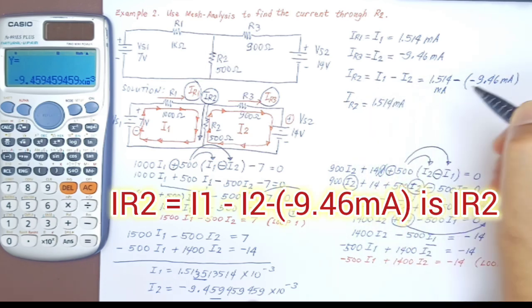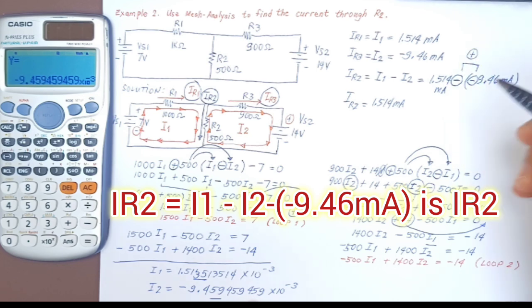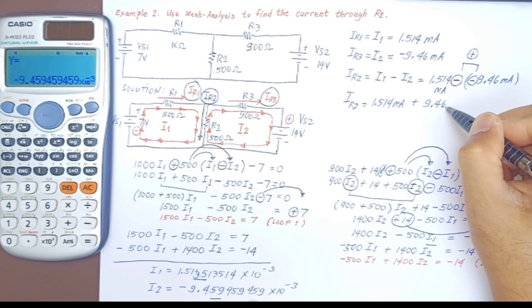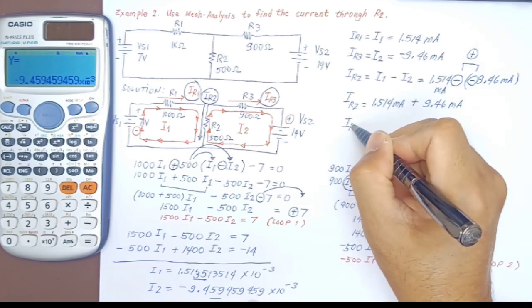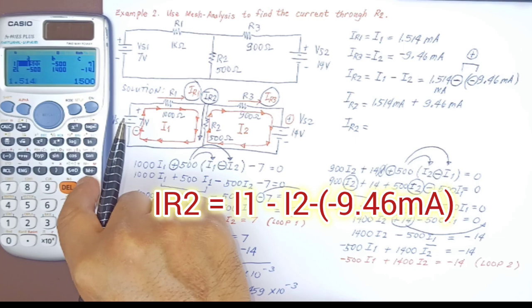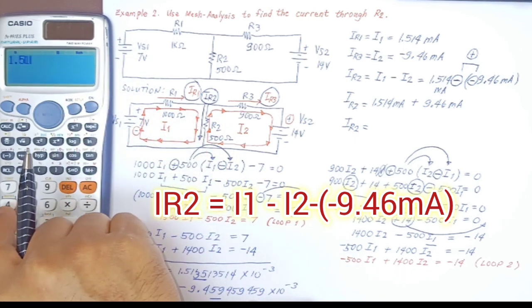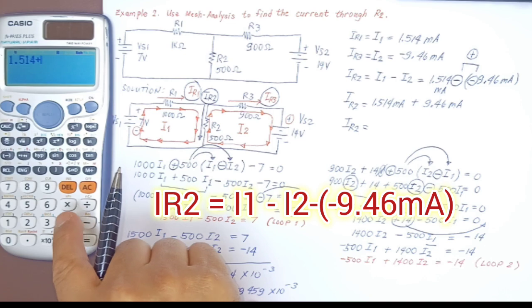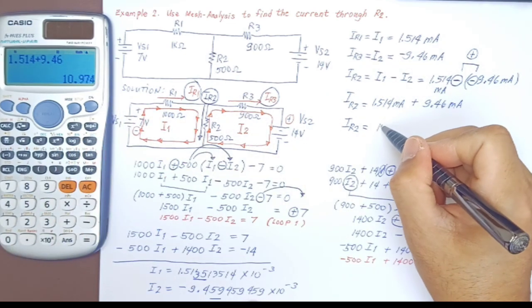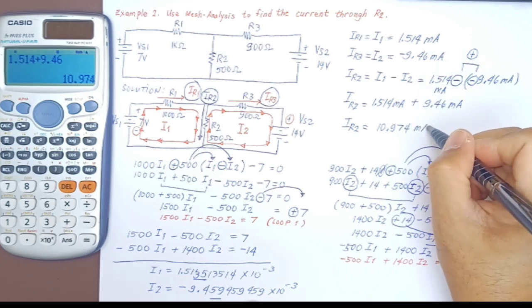So we have 1.51 for negative negative, that will become positive, so plus 9.46 milliamperes, and we will be getting a value of, let's press this again to mode 1. Our calculator must be in mode 1, and then we will calculate it, and we will get the value of 10.974 milliamperes.